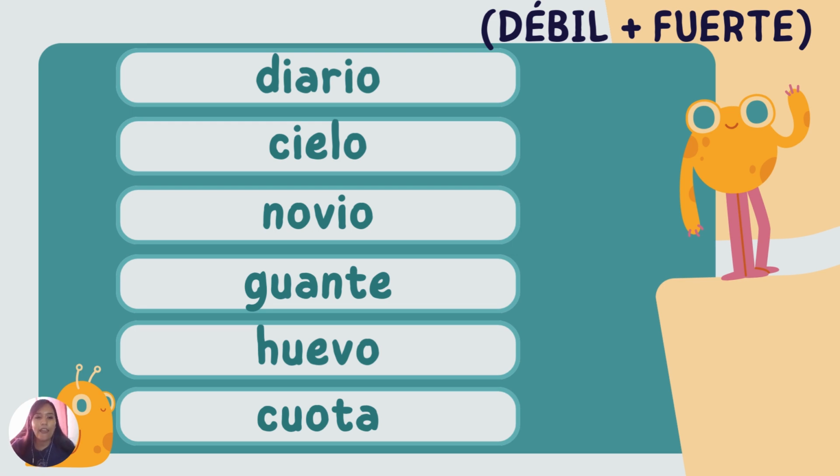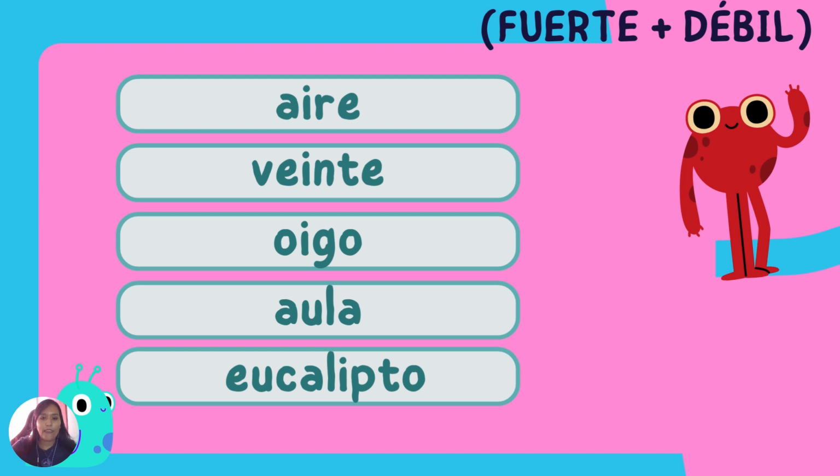Okay, and then I have these words with different diphthongs. These diphthongs are soft and strong diphthongs. And then we have these words with a strong and a soft diphthong, right?